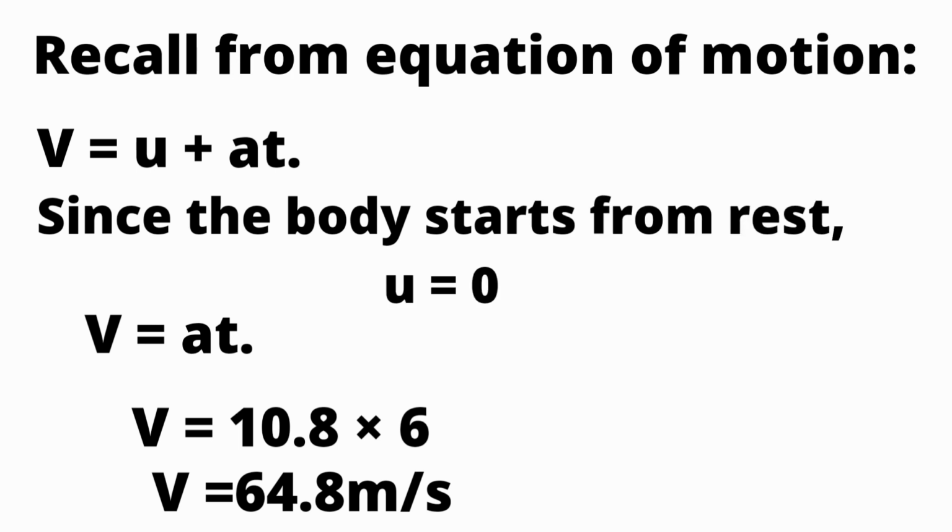Recall from the equation of motion, v is equal to u plus at, when u is equal to 0 because it starts from rest, therefore v is equal to at. And don't forget that acceleration has been calculated, and that is 10.8 meters per second squared multiplied by the time, which is 6, and the velocity is therefore 64.8 meters per second.